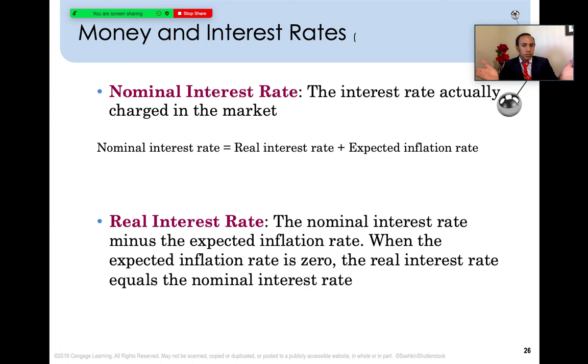When the expected inflation rate is 0, then they take everything. The real interest rate is equivalent to the nominal rate. If there's no inflation and they are charging you 21%, and inflation has been 0, and in some cases negative, then they're charging you the full interest rate in real terms as net return in the market.